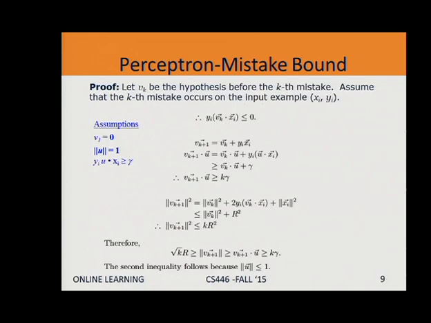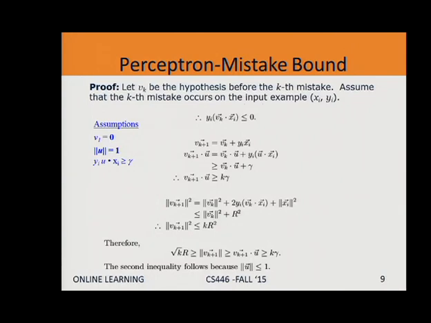So let's just square this. I'm getting vk square plus 2 times vk dot product with xi times yi, plus twice xi, because yi is plus or minus 1, so it disappears here when I square it. Okay? So this is just squaring the update rule.